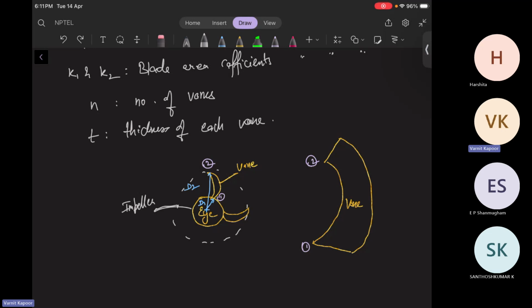So this is B1 and this is B2. These are the widths. It will look something like this if you see from the top. I'm just trying to make it isometrically top view.